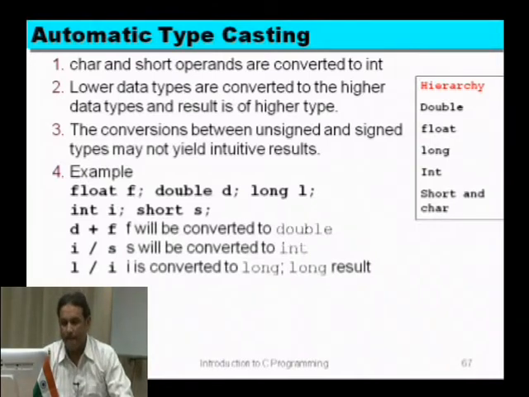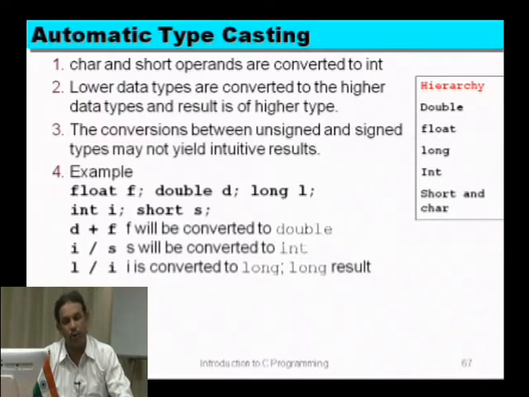You have declared f of type float, d as type double, l as long, i as integer, s as short. So d plus f: double plus float, f will be converted to double, because double has higher hierarchy.